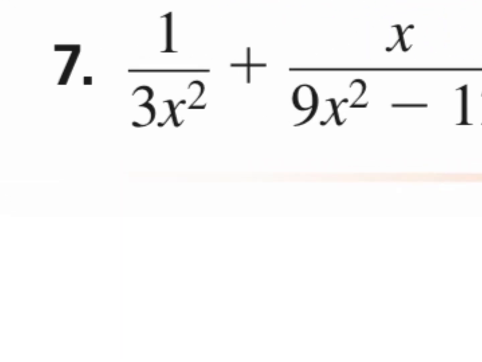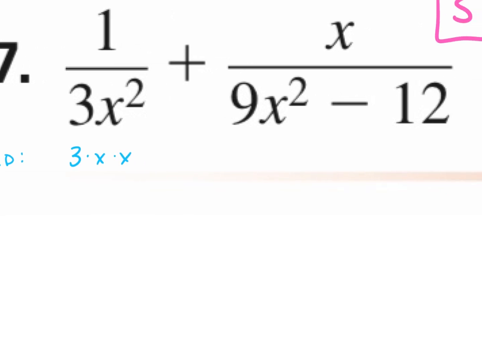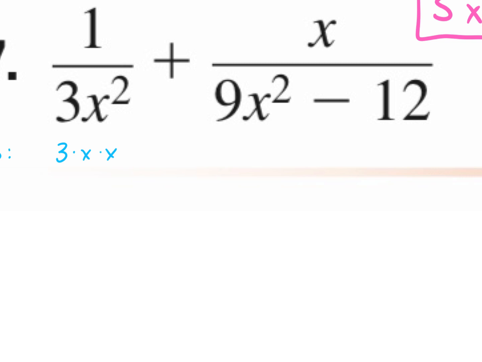All right, so we start by finding our least common denominator. So what are my factors of 3x squared? Let's list them all out. 3 times x times x. What are my factors of 9x squared minus 12? What do we do first to factor?